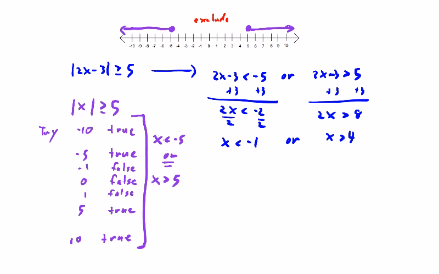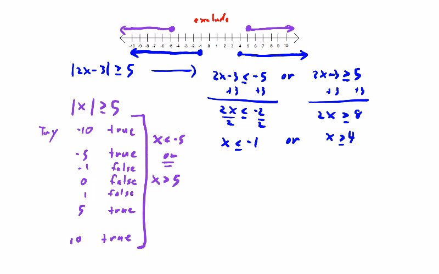If I were to plot this solution on the axis, x must be less than negative 1. So here's negative 1. In fact, it was greater than or equal to, so I should include the equal sign throughout the calculations. So we would have x less than or equal to negative 1 or greater than or equal to 4.